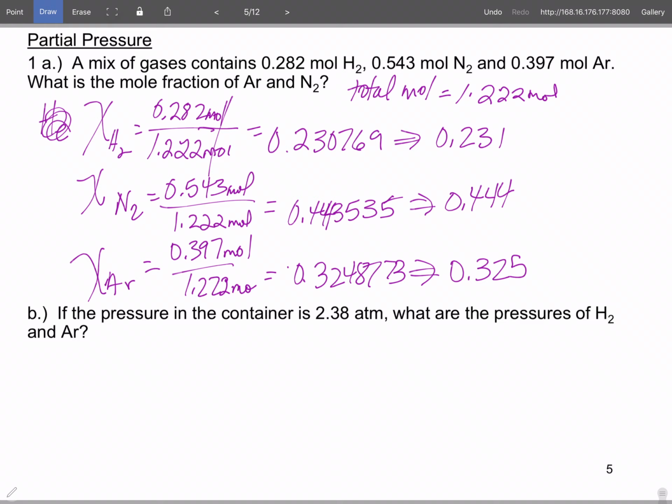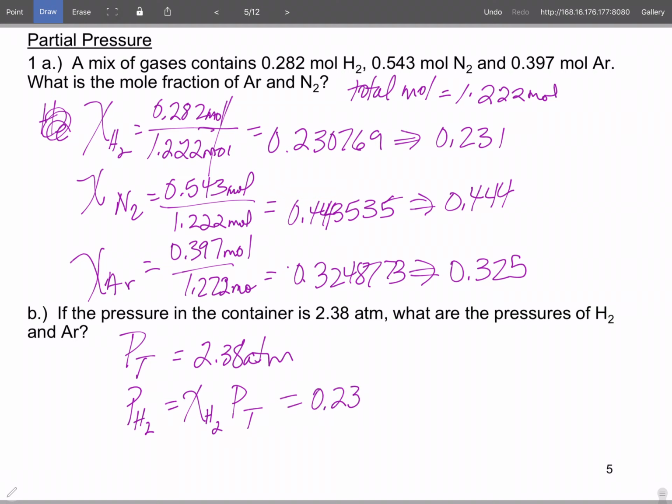So for B, we're told that the pressure in the container, so that's the pressure total, is 2.38 atmospheres. What is the pressure of hydrogen and argon? So the pressure of hydrogen is going to be equal to the mole fraction of hydrogen times the pressure total, which means our mole fraction of hydrogen was 0.231, and it's 2.38 atmospheres.